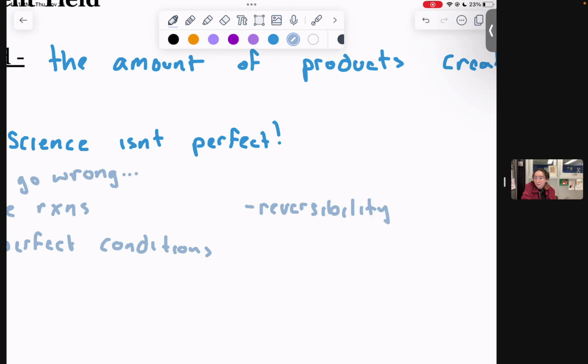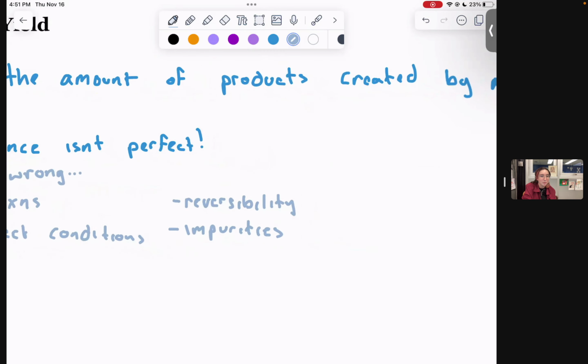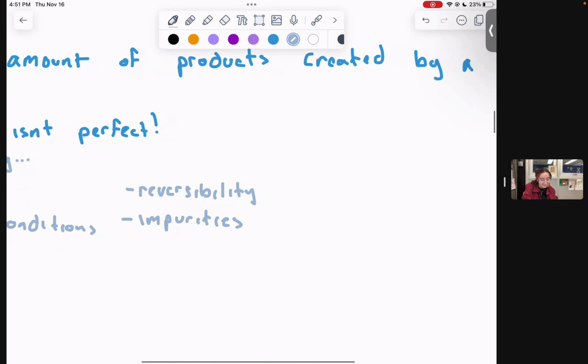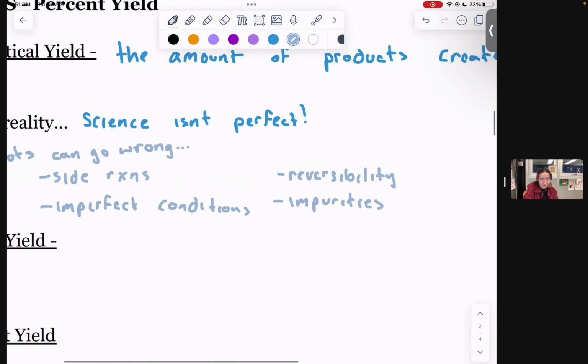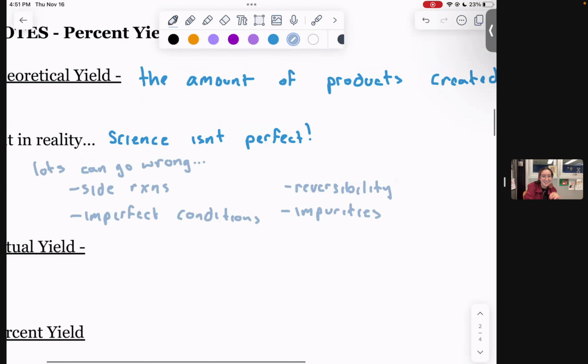There could just be impurities, like if everything's not perfectly sterile, or if there's some residue in your glassware, or if something reacts a different way, or if your reactions aren't perfect. There's just so many things that can go wrong. Any scientist will tell you, it's just frustrating. When I worked in a lab, it would always be the science not being nice today.